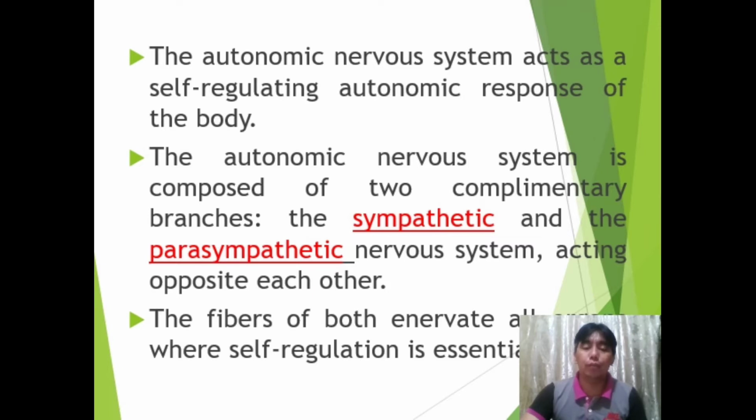So we have parts of our body that are balancing each other. They are found in almost all parts of our body. They are part of our eyes and other vital parts, and they balance each other.